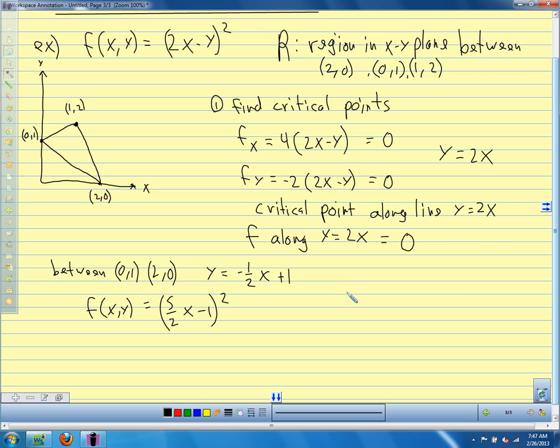So where is it going to be on that interval? We could take the first derivative, set it equal to 0, and solve that way. This one we can look at, and save ourselves a little work. So what's going to be the minimum value here on the interval from (0, 1) to (2, 0)? Where's it going to take on its minimum value?